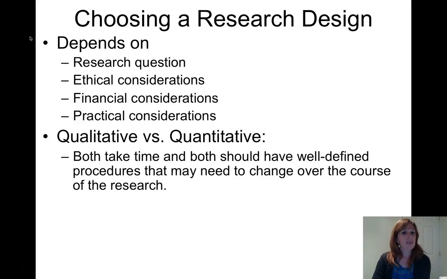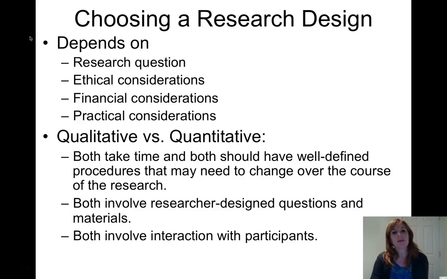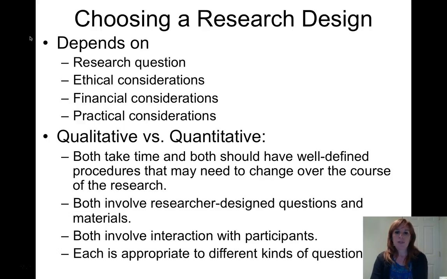I think they both take time and both should have well-defined procedures that may need to change over the course of the research process. They both involve researcher-designed questions and materials. Both involve interactions with participants, and really each is appropriate to different kinds of research questions. So we just want to think about what that question is and the kind of research that will best answer that question.